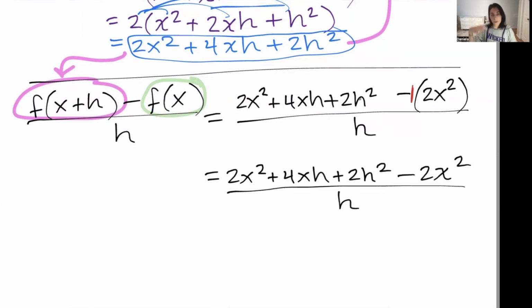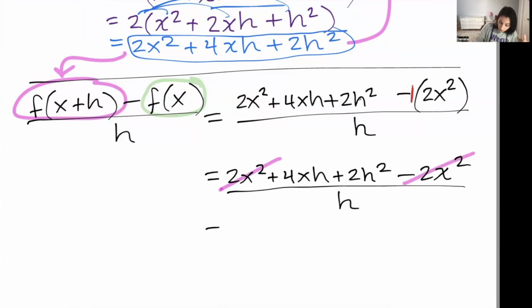Next, after you made your substitutions and you simplified, now you're going to look to see, are there any like terms that we can simplify? And pretty much almost always, terms are going to be canceling out if you did this right. So notice that the positive 2x squared and the minus 2x squared cancel out.